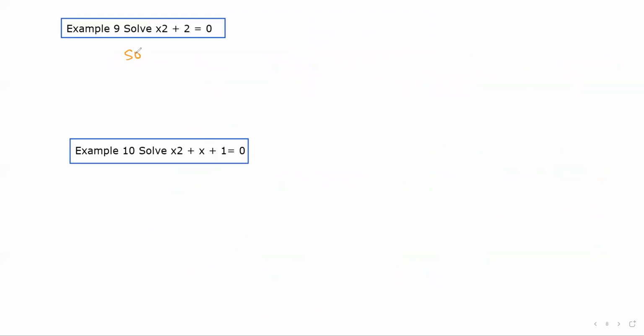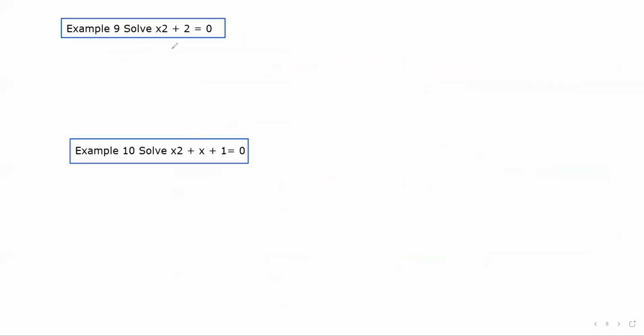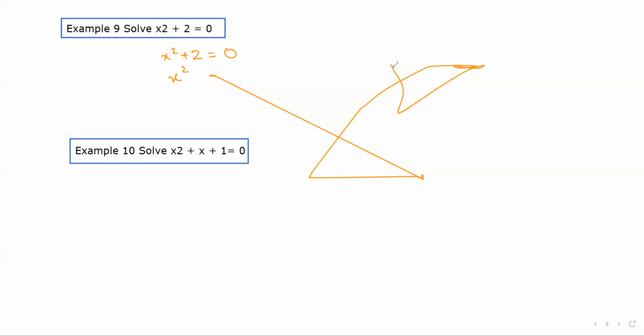Solve x square plus 2 is equal to 0. So x square is equal to minus 2.